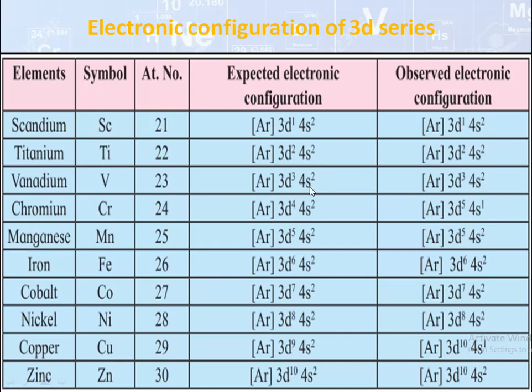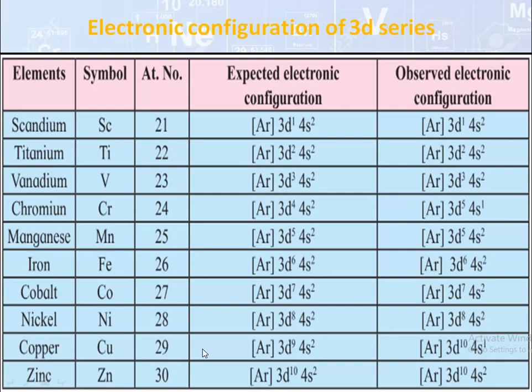So the expected electronic configuration of chromium is 3d4 4s2, but the observed is 3d5 and 4s1. Manganese has the same expected and observed electronic configuration. Iron, cobalt and nickel all have the same expected and observed electronic configuration.